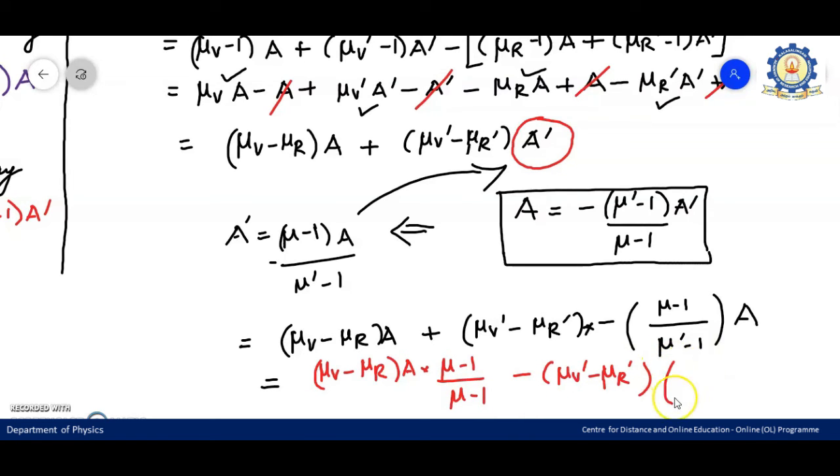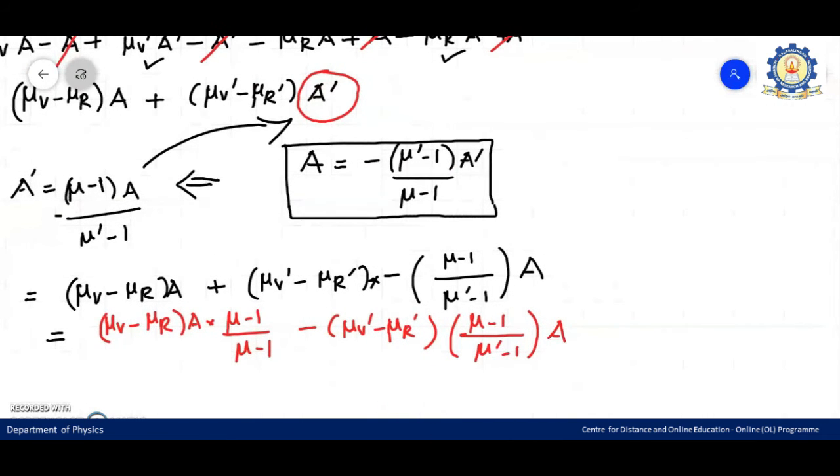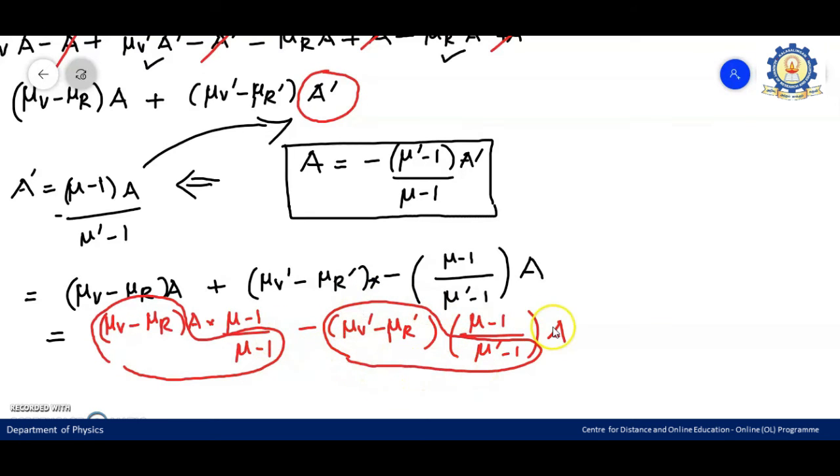So this term appears as it is into A. So if you look closer into this equation, what is this one? This term can be written as dispersive power, and this term can also be written as dispersive power, and you have the common terms.